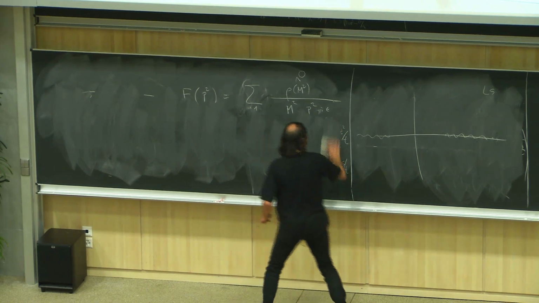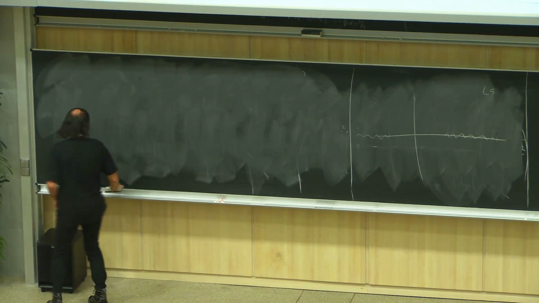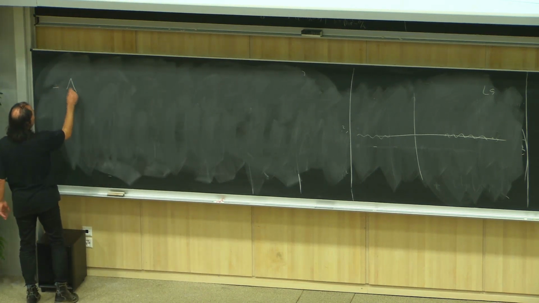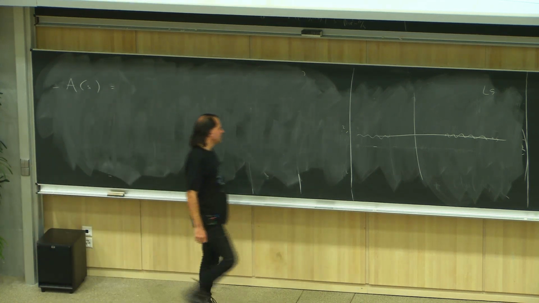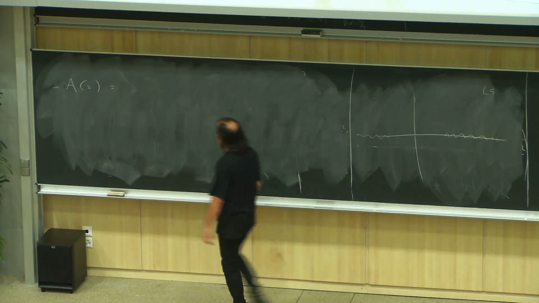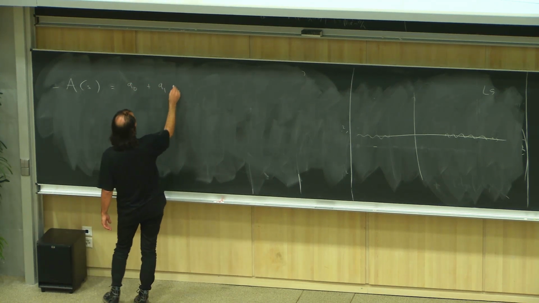Cauchy's theorem then tells you that I can write the amplitude at t equals 0 as a function of s. Since it could in principle go as big as s squared at infinity, there are two things that I don't know.